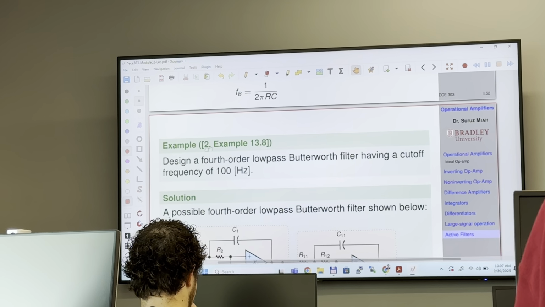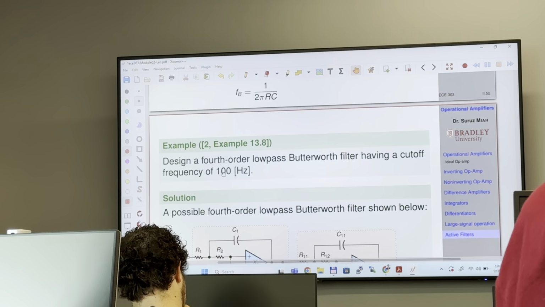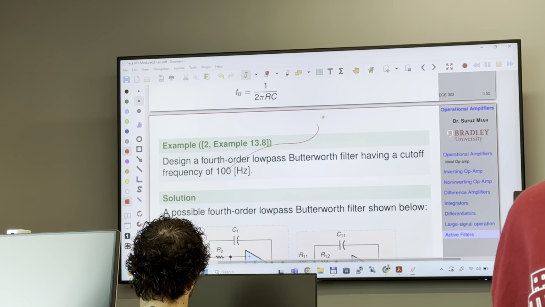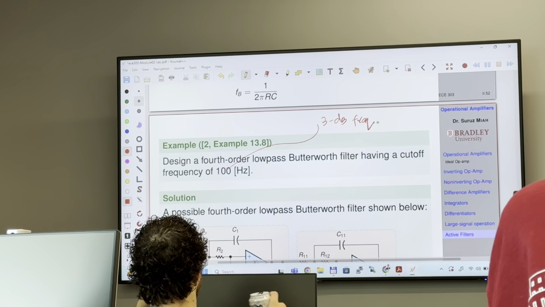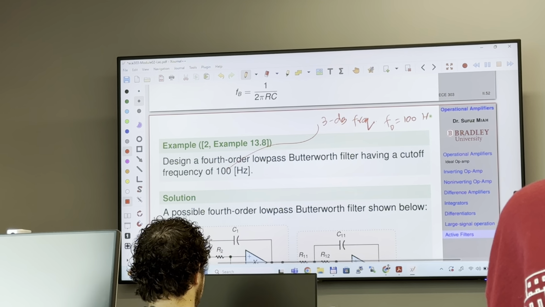Now I have one example here. This is a fourth order low pass Butterworth filter having a cutoff frequency of 100 Hz, which means the 3 dB or corner frequency F naught equals 100 Hz.